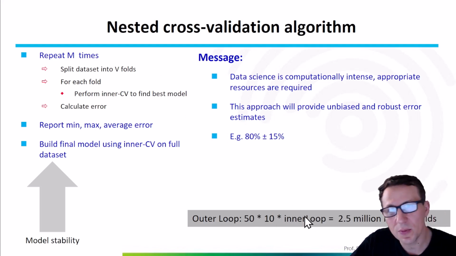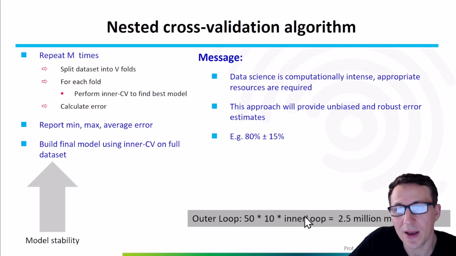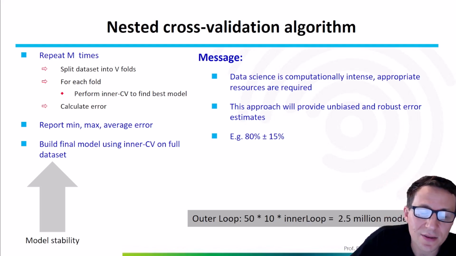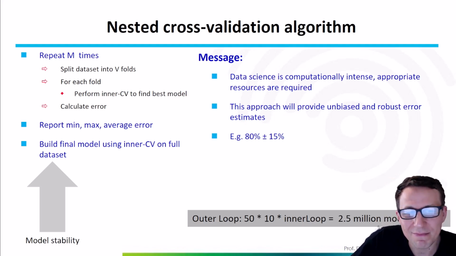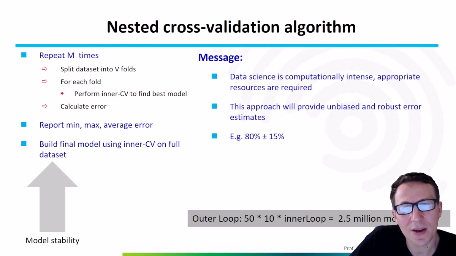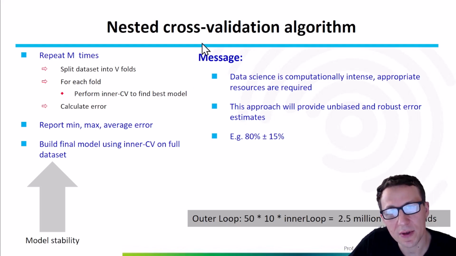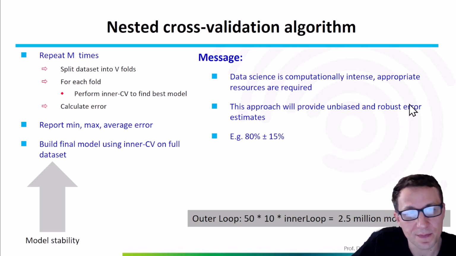When your inner loop also does cross-validation, or repeated cross-validation, which it should, then you tend to end up with maybe millions of model builds. This is why doing cross-validation right and doing machine learning right is very compute intensive. But doing nested cross-validation will provide you unbiased and robust performance estimates.